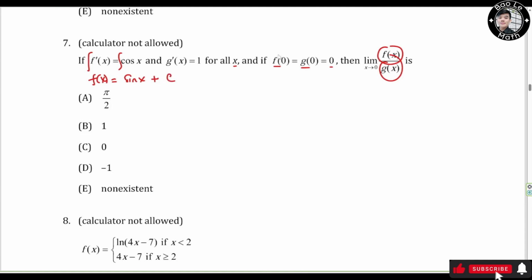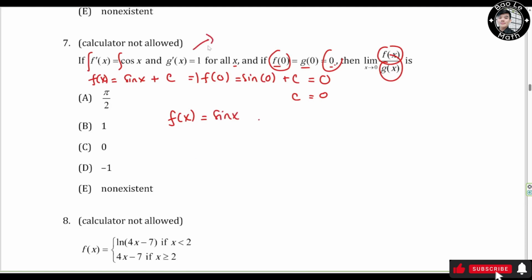So we're going to use the initial condition right here, right? To solve for c, right? So we have f of 0 equals sine of 0 plus c, and this one is actually 0 right here, right? So sine of 0 equals 0, so c equals 0. So then you have f of s equals sine s only, right?